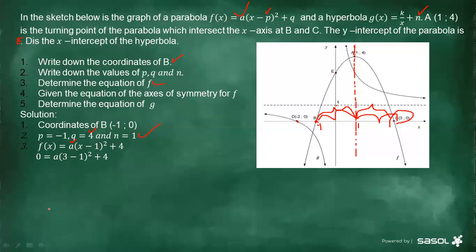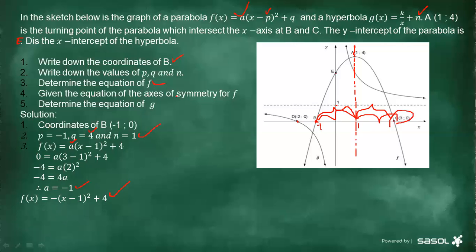Then just simplify this and transpose 4 to the other side. Then you divide by 4, and you're going to have negative a, I mean -1. a is -1. And therefore this is the equation of f.